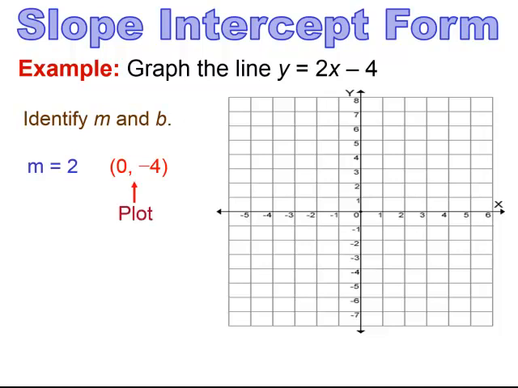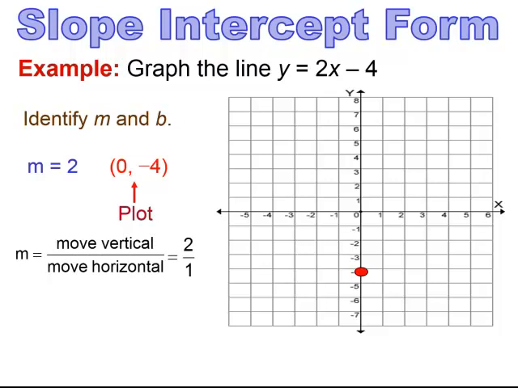So now you're going to plot that point, that intercept, which would be on the y-axis at -4. So we have (0, -4). And then you're going to use your slope to find your second point. Now remember, when you have a slope and it's an integer, you're going to put that integer over 1 so you have that horizontal movement.